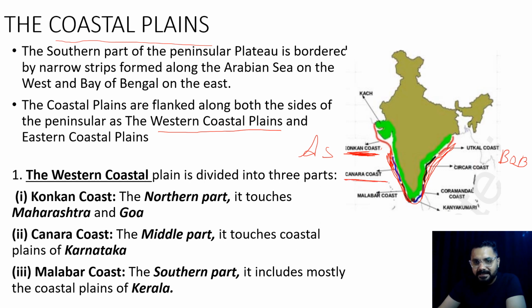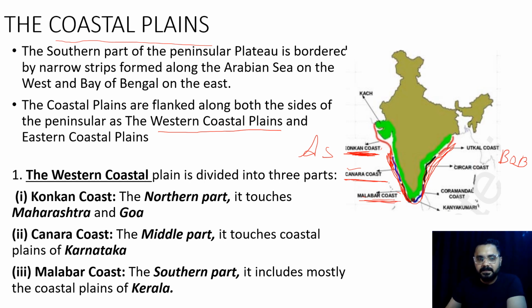You can easily remember Canara because it sounds somewhat similar to Karnataka. Then the Malabar Coast is the third part of the western coastal plain. Here you can see the Malabar Coast. It covers the coastal plains of Kerala. So this is about the western coastal plain.